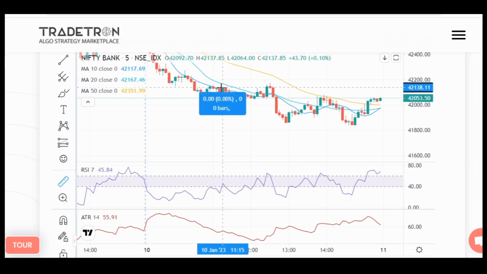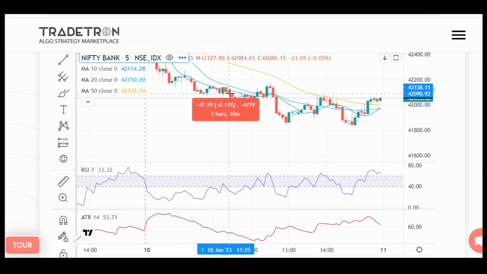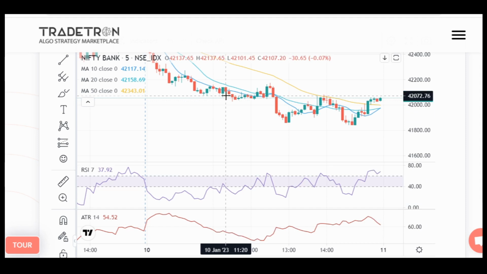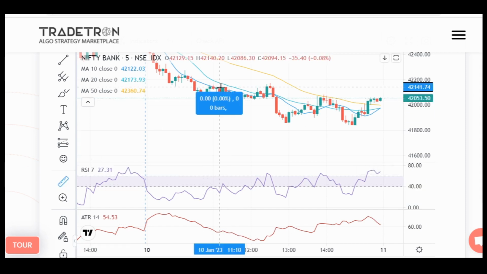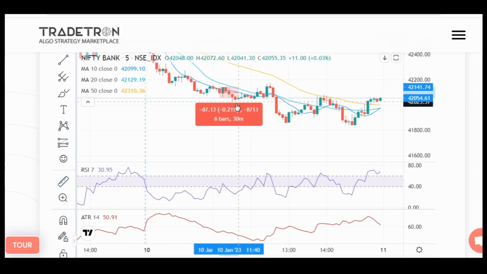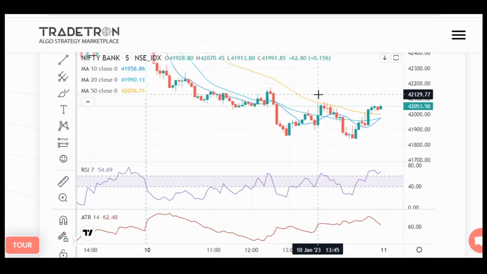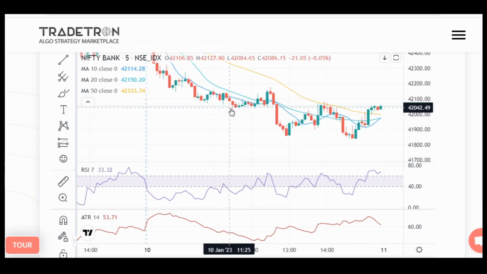From the chart you can see that SL is very small, only 47 points, and ATR is at around 54.11, so no need to calculate. And 1:1 got booked early, within 5 minutes only, right? Here 1:1 got booked and another lot might have exited somewhere around here when our option price went below the entry price. By that time our SL was already moved to cost, right?